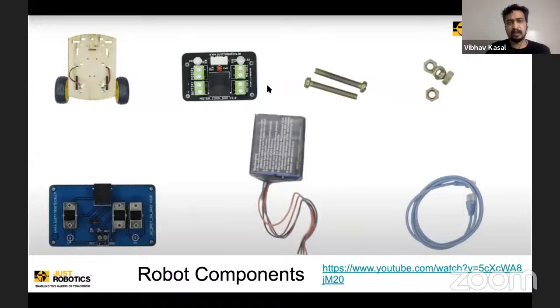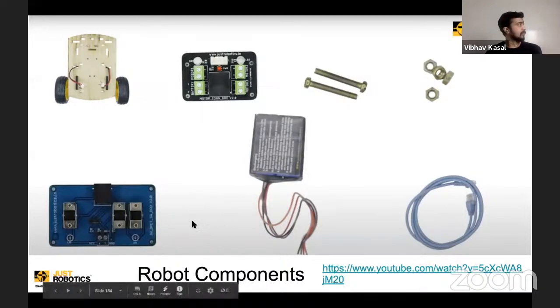We built a breakout board with motor 1, motor 2, motor 3. So you can connect 3 motors and have 3 DPDT switches and connect just one cable in between. The link for whatever we did is on YouTube. Once the slide is shared, you can go to the link and watch that video.